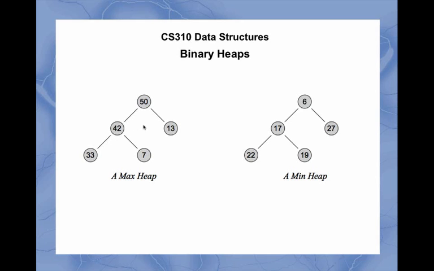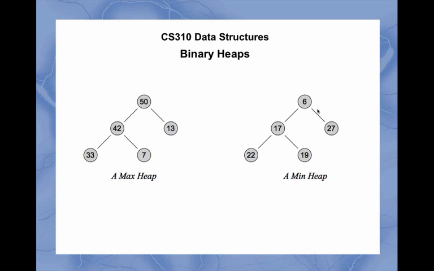However, this is not a binary search tree, it's a binary heap. And therefore this would not satisfy the binary search tree properties at all, but it does satisfy heap properties. The only requirement then is that the children are smaller than the parent. Thus we have 42 and 13 smaller than the 50, 33 and 7 smaller than the 42.